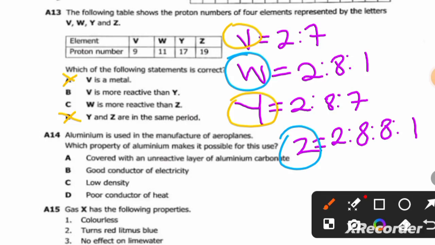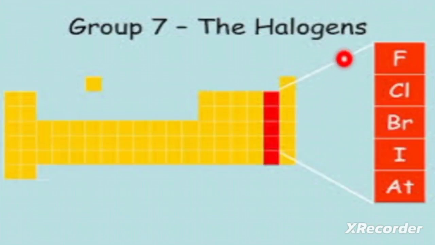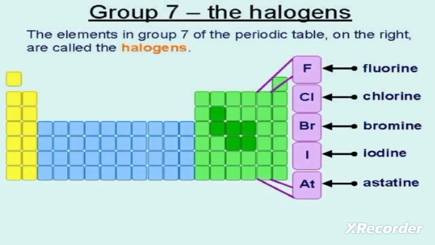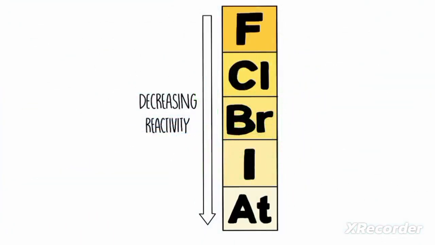So as we are going down group 7, the reactivity keeps on decreasing. As we are coming from element fluorine up to astatine, the reactivity keeps on decreasing.